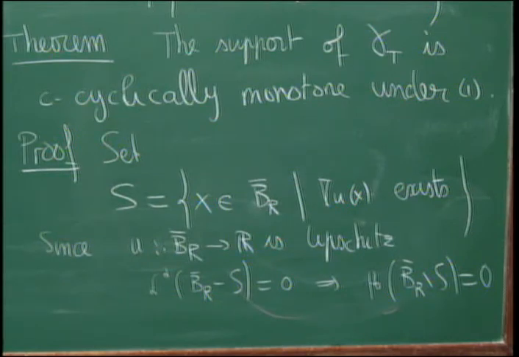Last time we checked that this set is measurable. The way to check it: the set where the partial derivative of u with respect to x1 exists is measurable for the following reason. You are saying that the left derivative equals the right derivative.